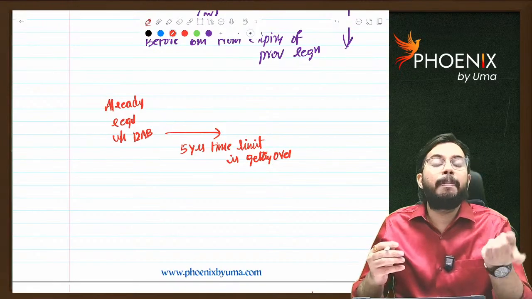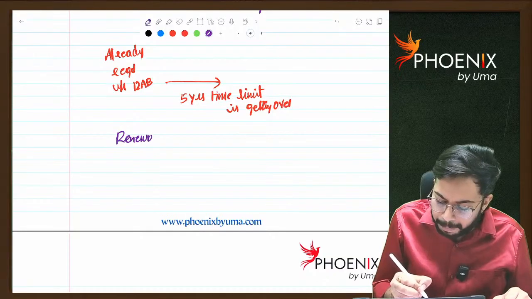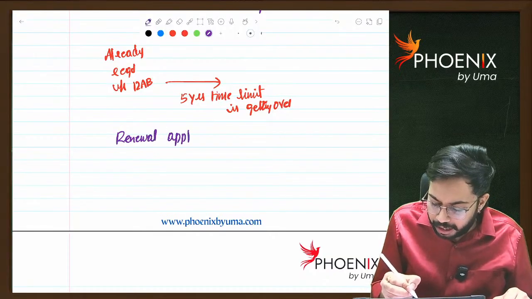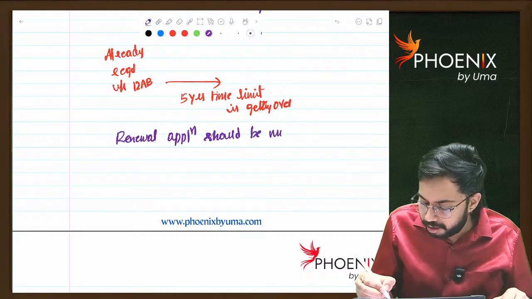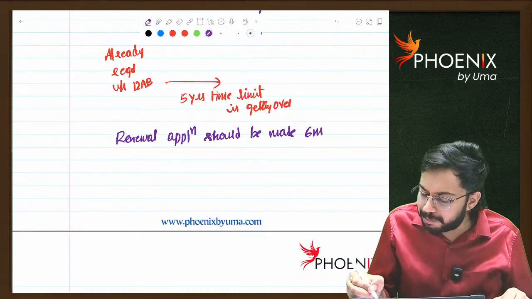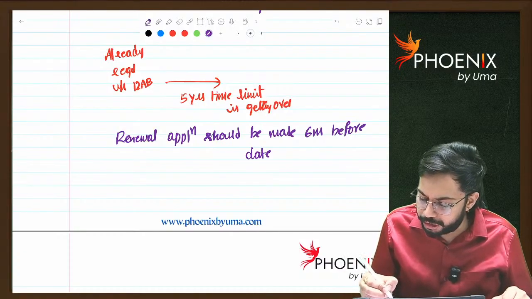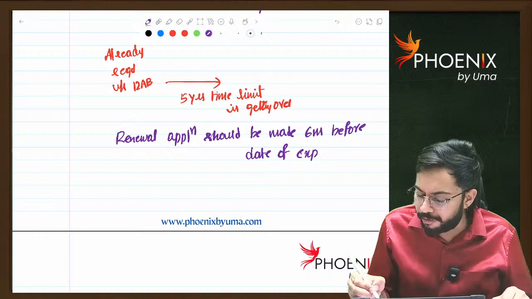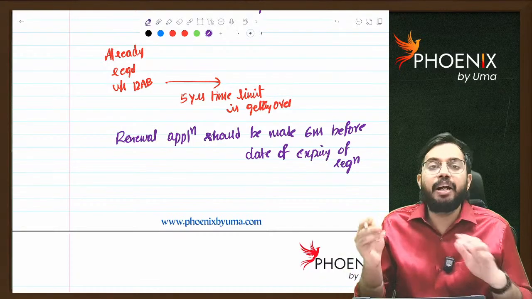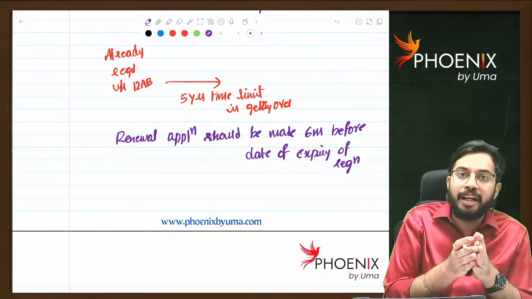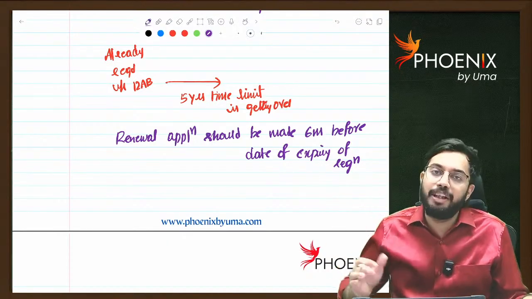Then it needs to apply for renewal. So for the renewal application, when should it apply? The application should be made 6 months before the date of expiry of registration. Whatever the date of expiry is, you need to calculate 6 months before that, and only before that should you apply for renewal of registration.